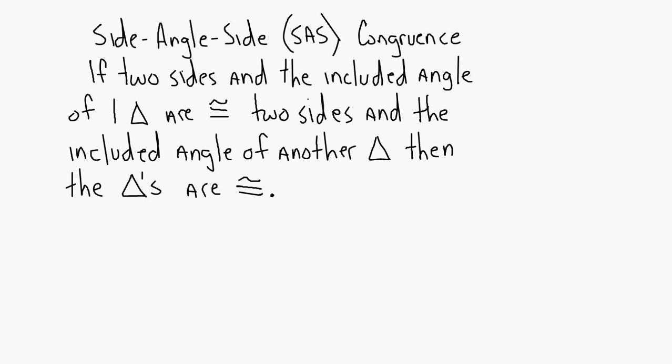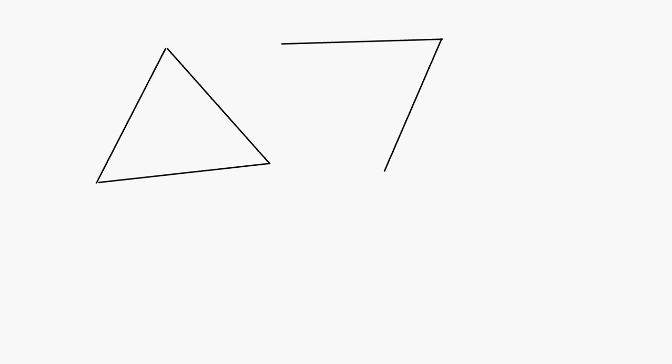If two sides and the included angle of one triangle are congruent to two sides and the included angle of another triangle, then the triangles are congruent. Here's what that would look like. One triangle. Second triangle.